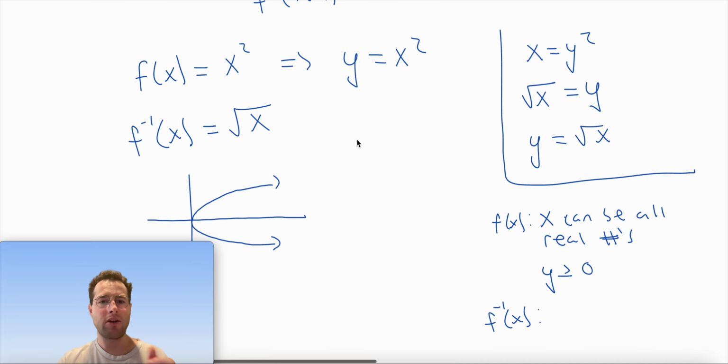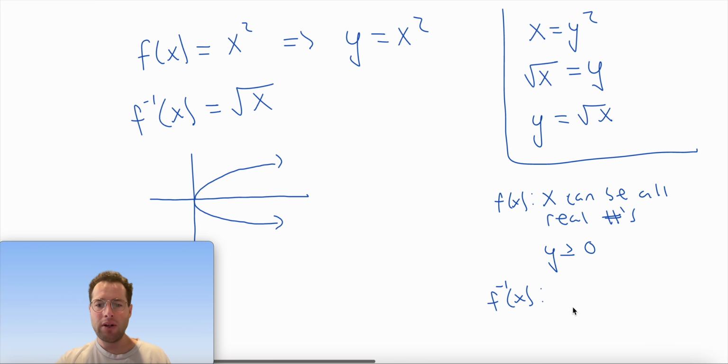So if our range on our original function is y must be greater than or equal to 0, when looking at the inverse function, we swap that. Now our domain must be greater than or equal to 0.